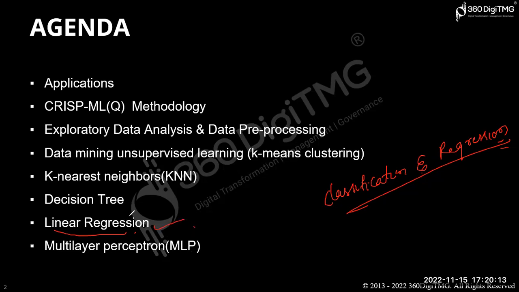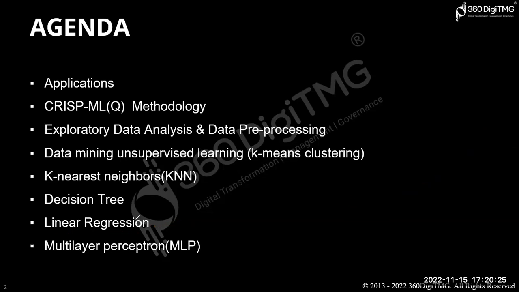We will be discussing how linear regression works, and how we can apply linear regression in real time. That is also we will see. And finally, and it is not the final, we will be adding text mining as well in upcoming classes. Multi-layer perceptron. You might have heard about AI. In that we will be using multi-layer perceptrons, neurons we can say.